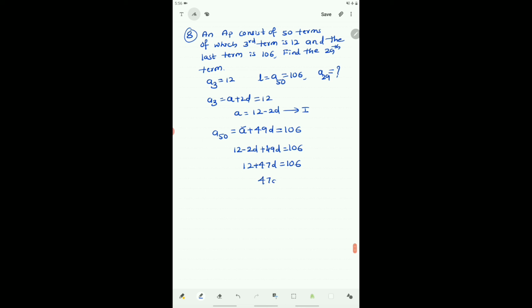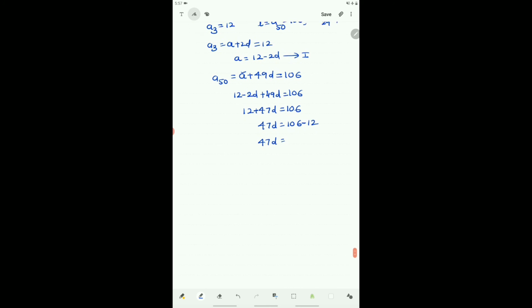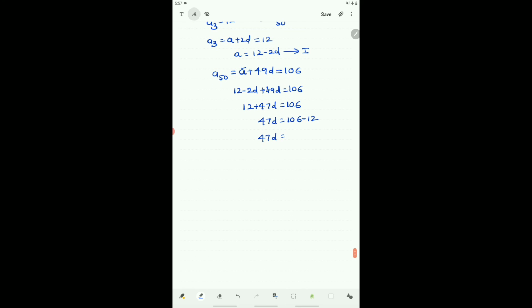Then 47D is equals to 106 minus 12, that is 94. Then D is equals to 94 divided by 47. 47 ones are 47, 47 twos are 94.